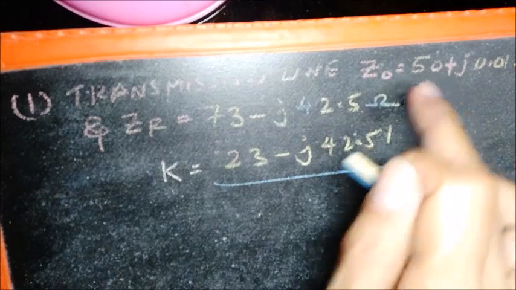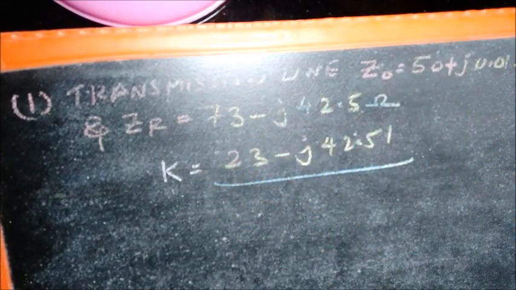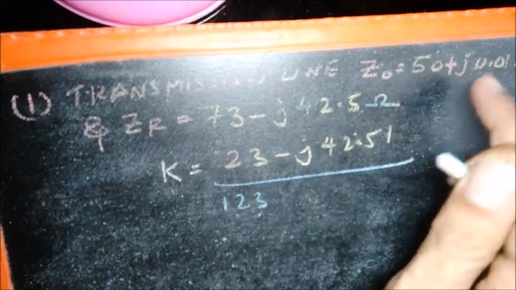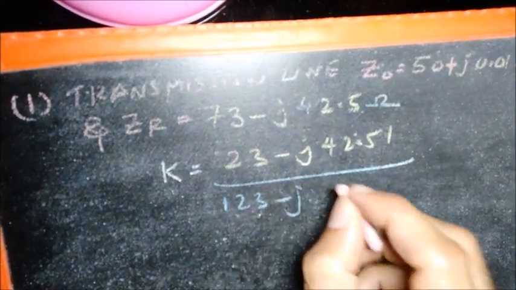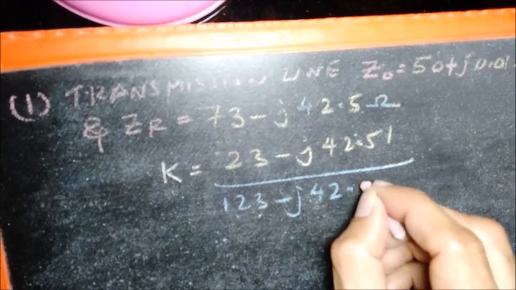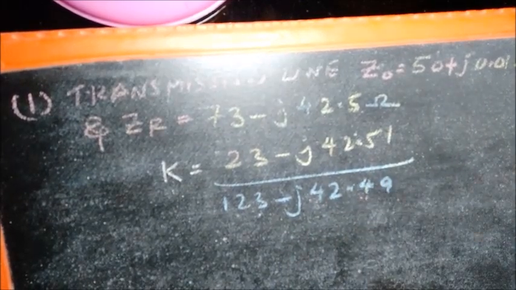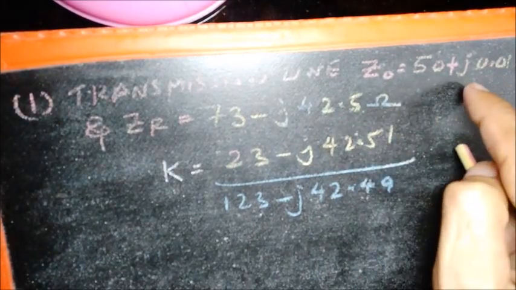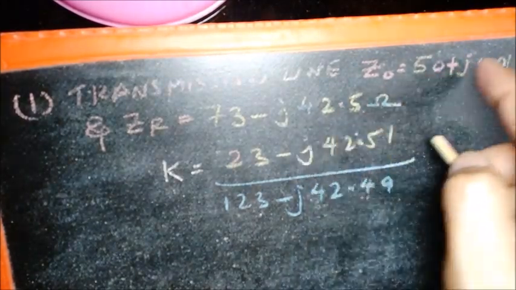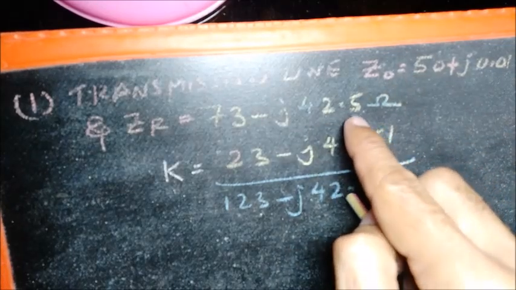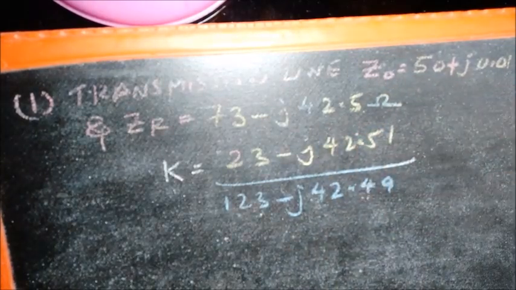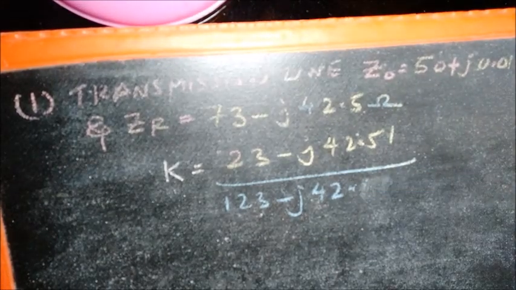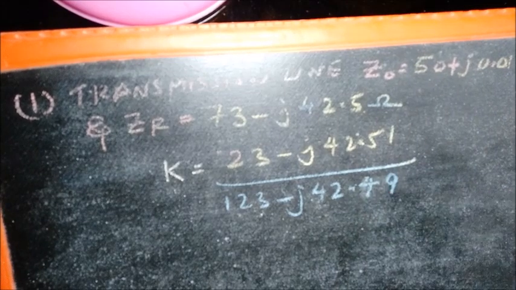divided by ZR plus Z0, isn't it? So ZR plus Z0. 73 plus 50, 123. This plus this. So minus J 42.49, because minus J 42.5 plus J 0.01, this time I'm adding, isn't it? So we get minus J 42.49.